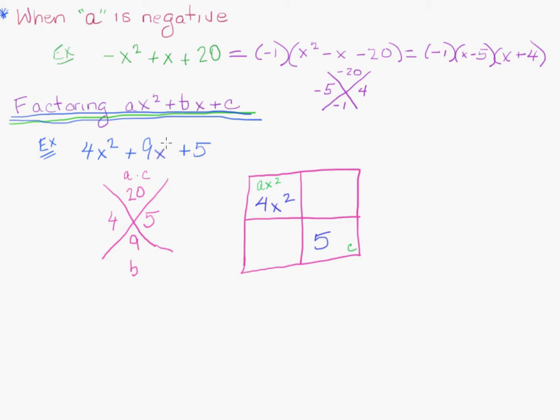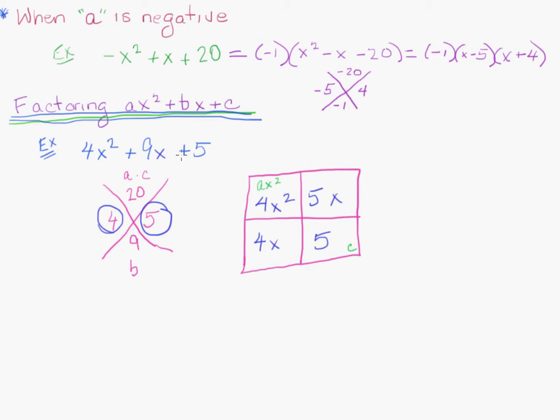So now, instead of writing 9x, I'm going to represent the 9x by 4x and 5x that I found in the cross, these two values here. So I'm going to use the cross in reverse. I'm going to look horizontally at 4x squared and 5x, and ask what's the greatest common factor of these two terms?